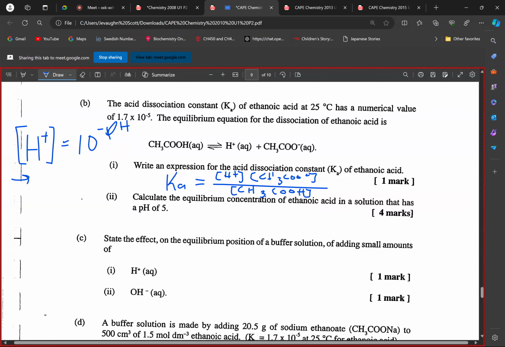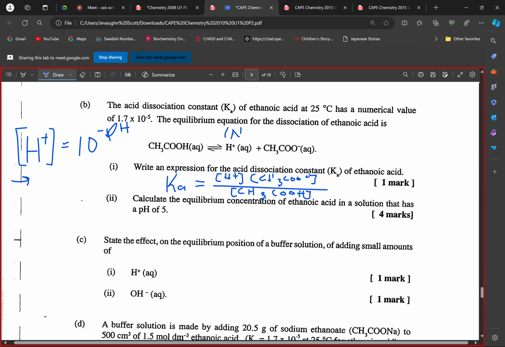And if that is 1 times 10 to the negative 5, then this is equal, right? Isn't that so? Yes, sir.